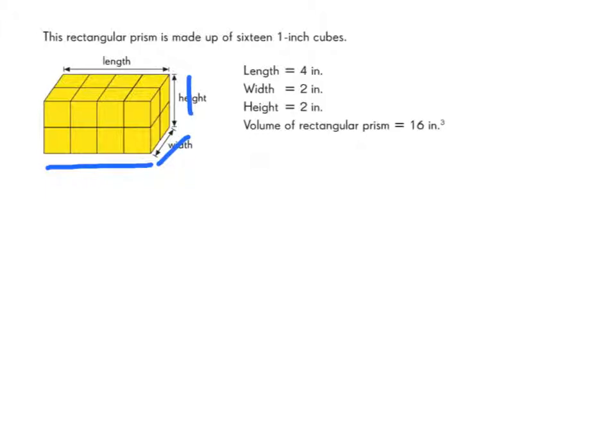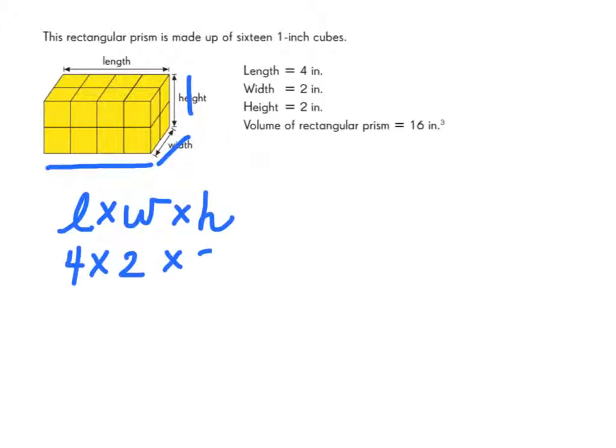So to find the volume of this prism, we take the length times the width times the height. 4 times 2 times 2 to get a volume of 16 inches cubed. This is the same answer we would get if we simply counted the 16 cubes.